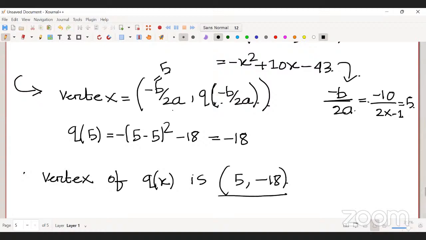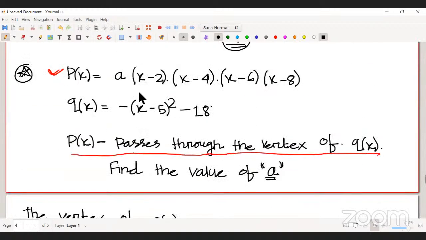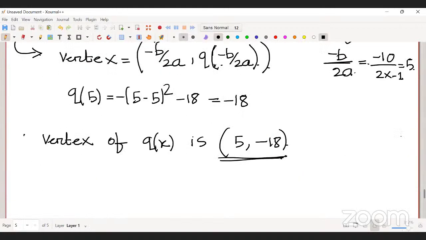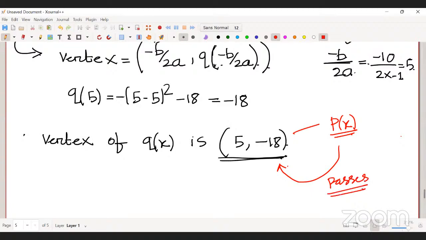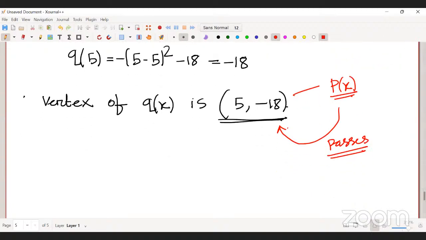minus 18. And it is given that p of x passes through the vertex of q of x. That means p of x passes through this point, so p of 5 is minus 18.